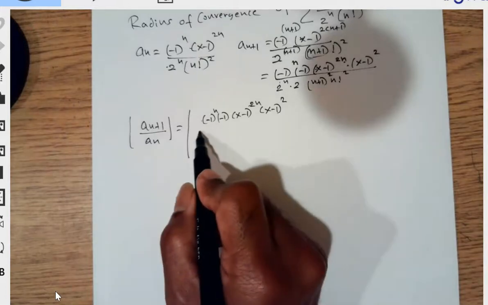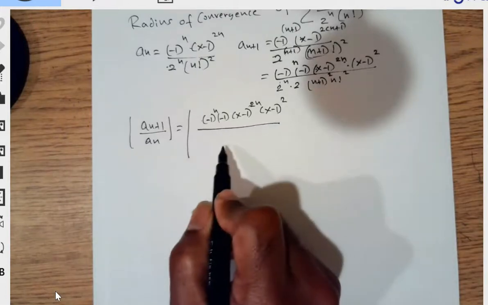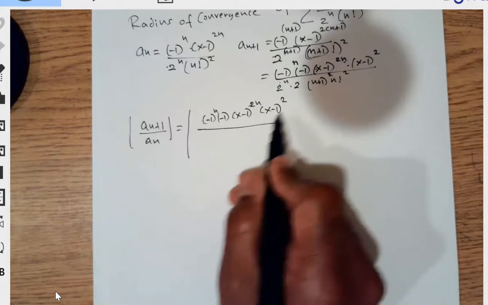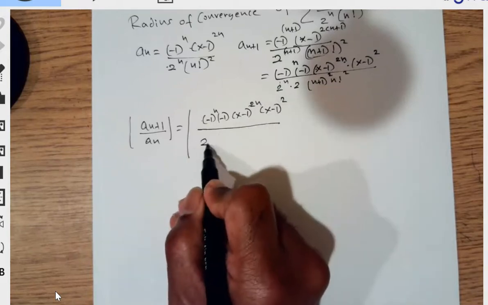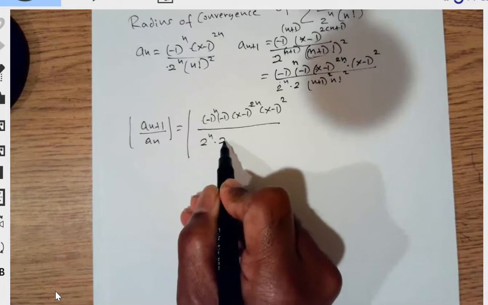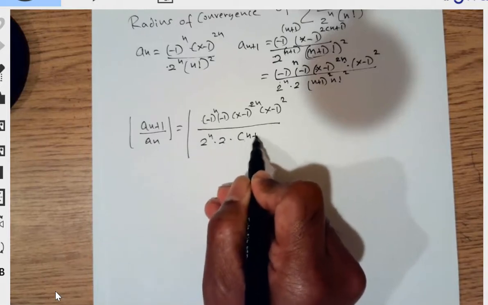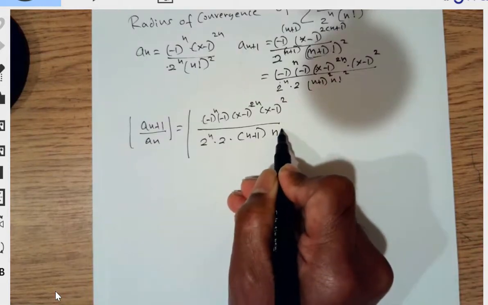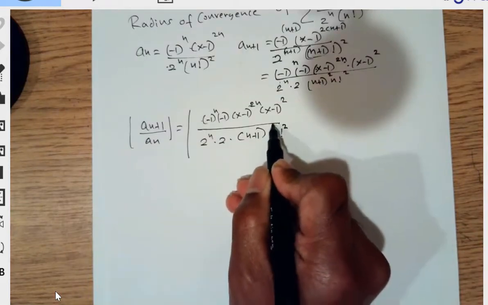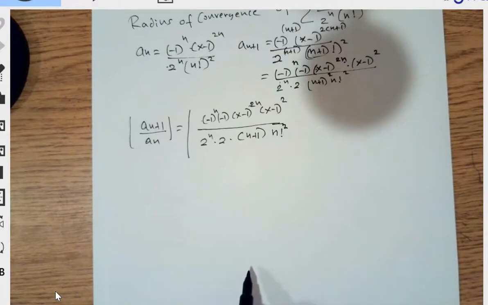Divided by, we have 2^(2n) times 2^2, and we have (n+1) times n factorial squared, right? That is n+1.